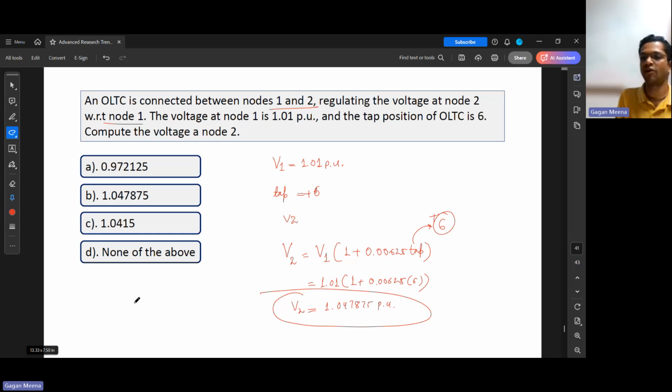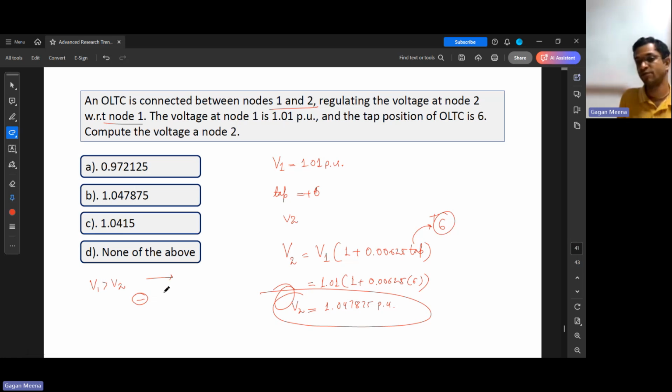But this will not generally be the case, right? Generally, V1 will be higher than V2 for the power to flow like this. Generally, for power to flow from V1 to V2, V1 has to be more than V2, right? For that, the tap has to be at a negative position.